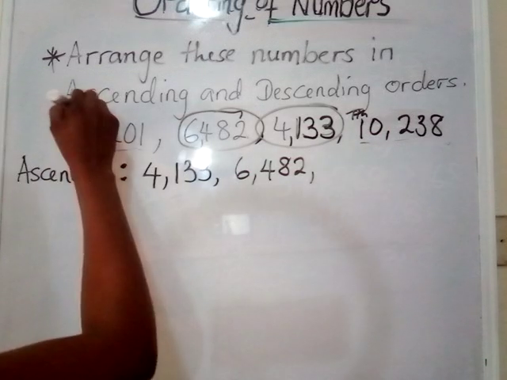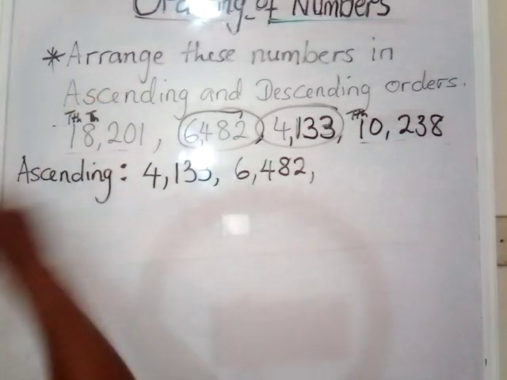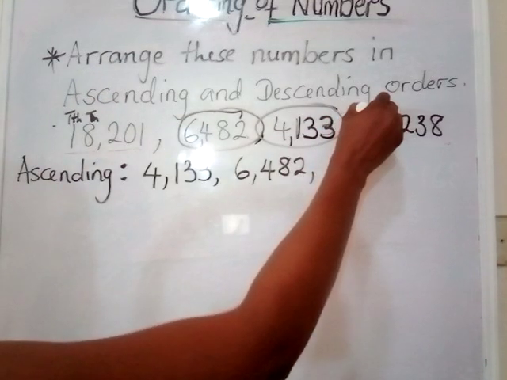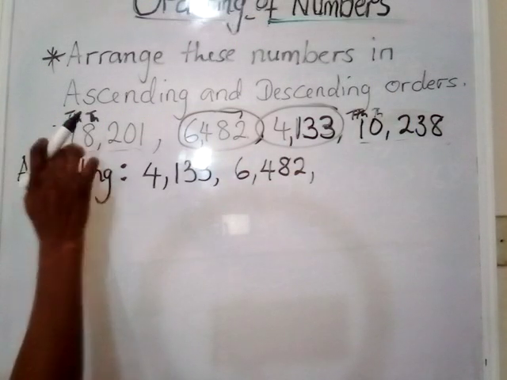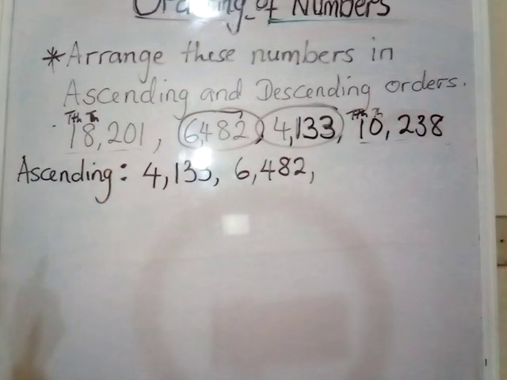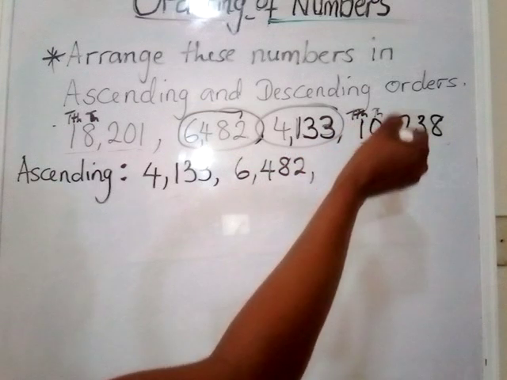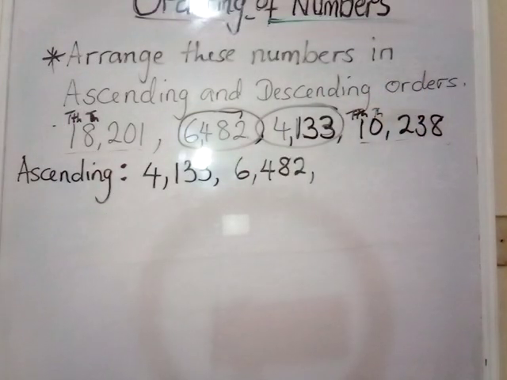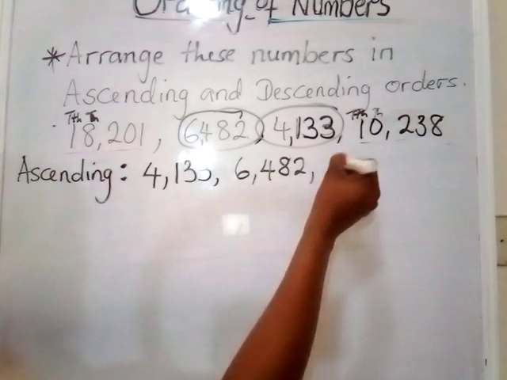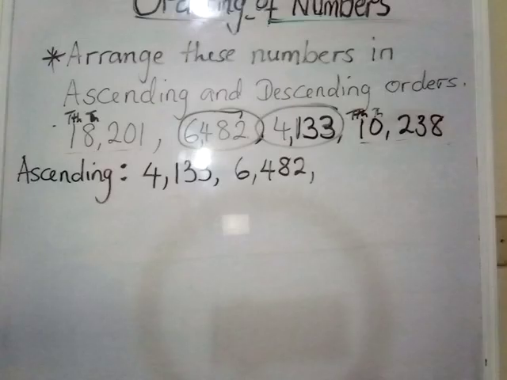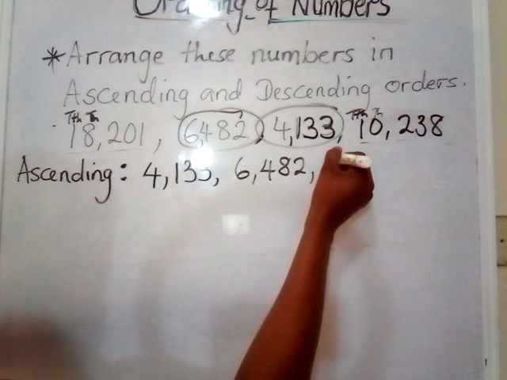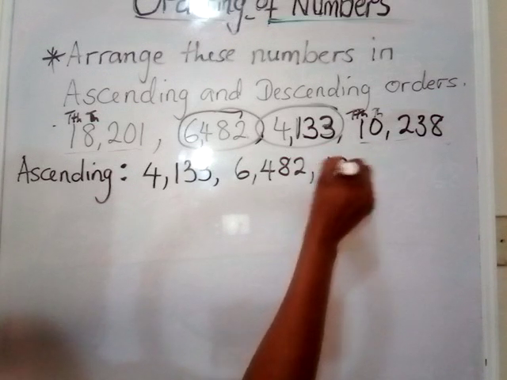That means we need to move to the next position, which is 1,000. So in the next position, this first number here has 8 in the 1,000th position, while the second number has 0. And we know that 8 is bigger than 0. So the number that has 0 in the 1,000th position is definitely smaller than the number that has 8 in the 1,000th position. So the next number that follows is the one with the 0.